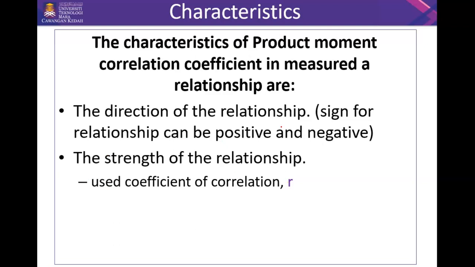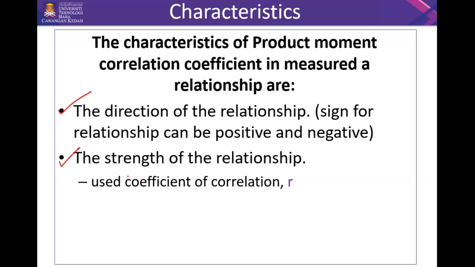The difference between a scatter diagram and product moment is that a scatter diagram cannot tell the strength of the relationship, but product moment, yes, it can describe the strength of the relationship.